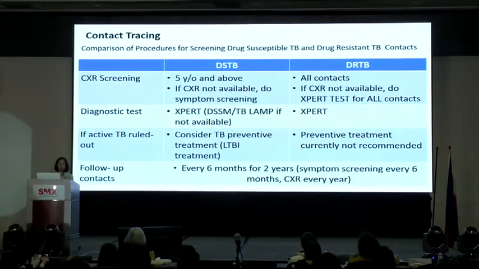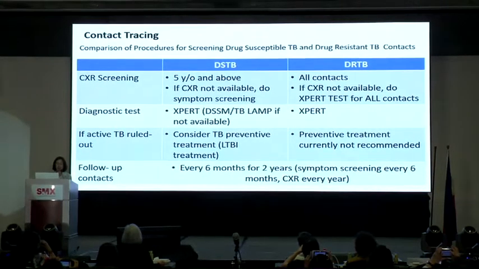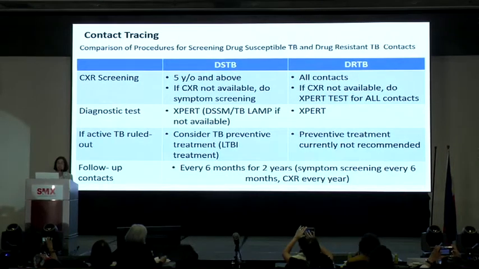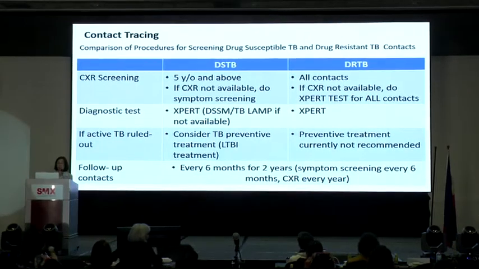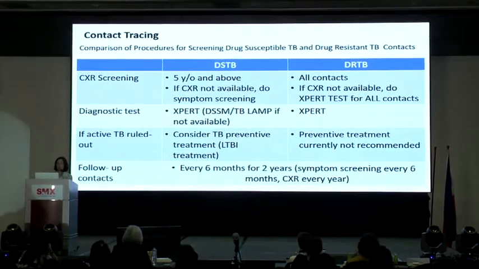Another group would be the contacts. We'll do chest x-ray screening for those 5 years old and above among the drug-susceptible TB contacts. If chest x-ray is not available, then we'll do symptom screening. But for contacts of drug-resistant TB cases, all of them have to be screened using chest x-ray.